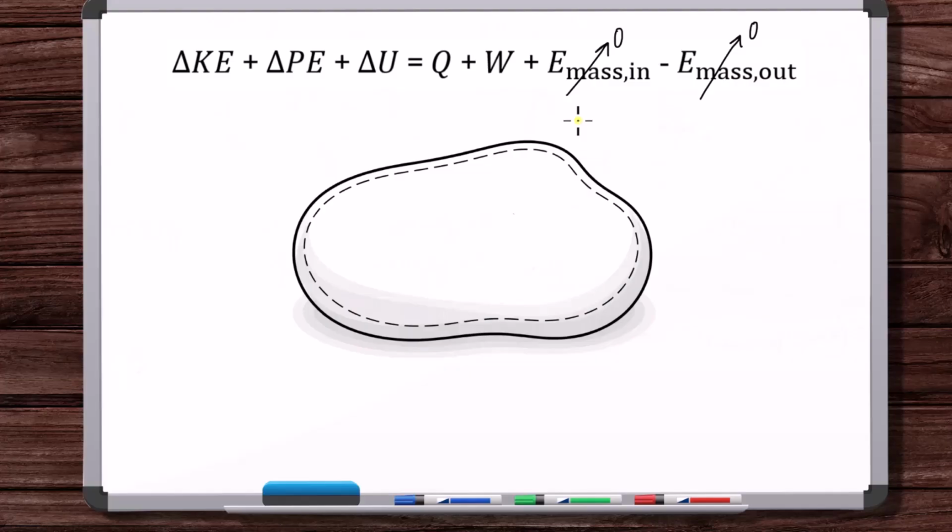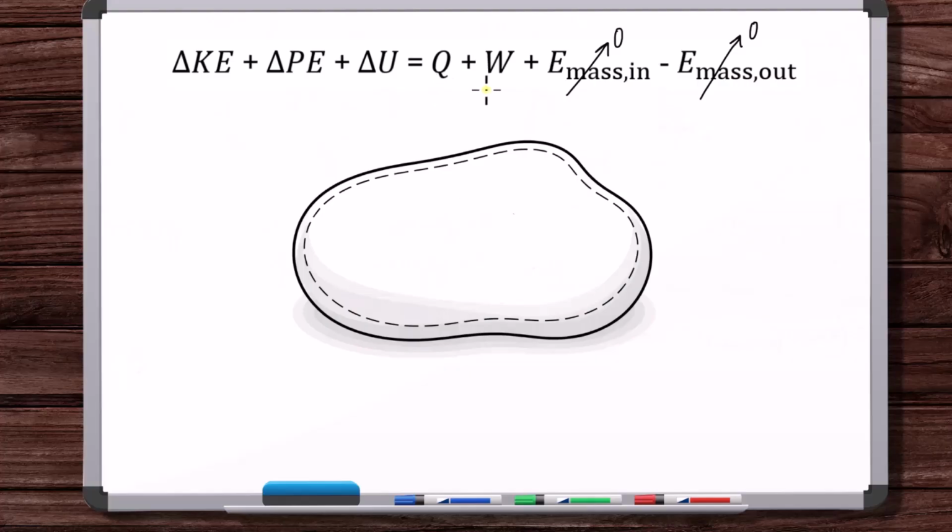An open system, on the other hand, allows mass to cross the system boundary. For the majority of first law analyses of chemical reactions, the system is going to be closed, which means that the only types of energy transfers that can occur across the system boundary are heat and work.